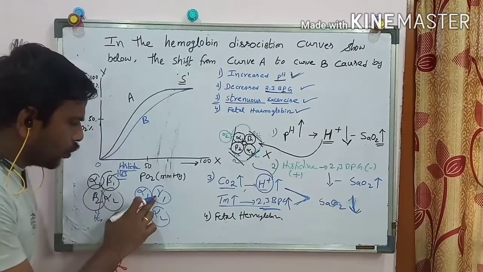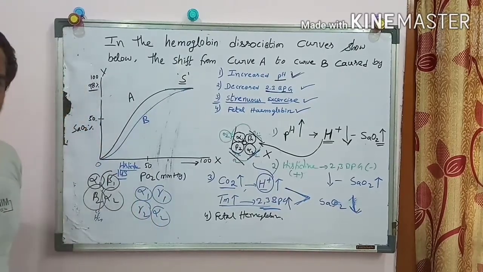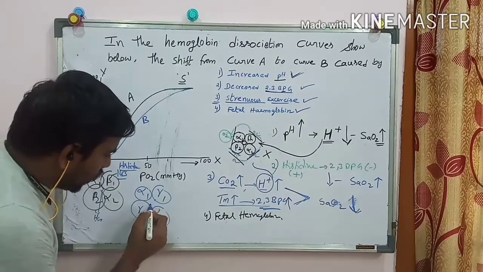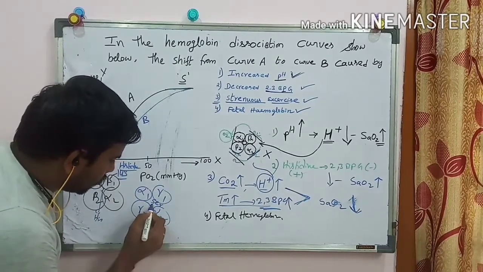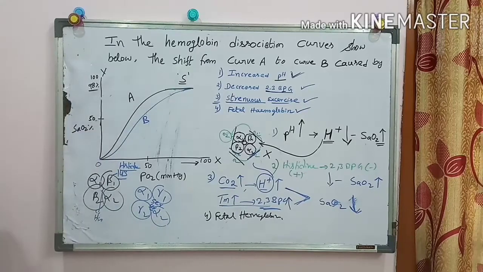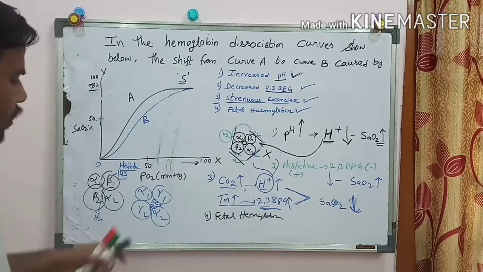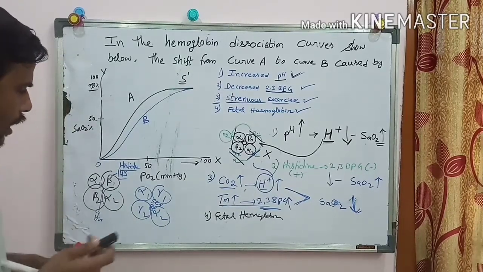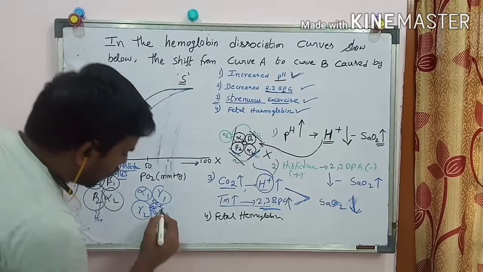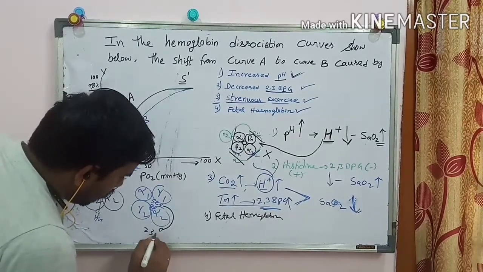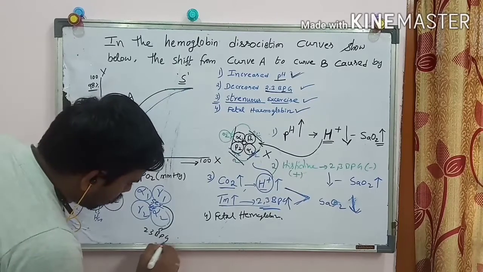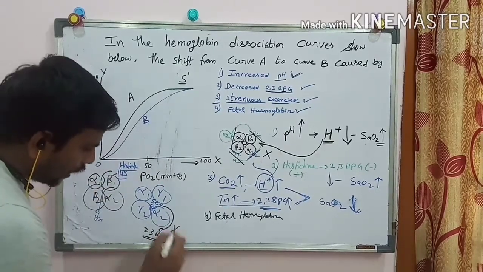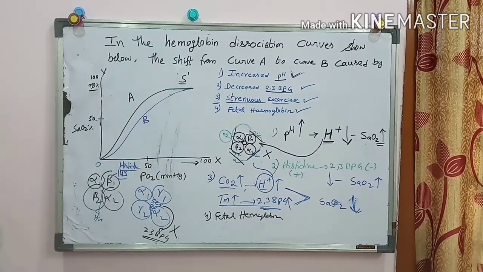But in these gamma subunits, we cannot find the histidine. Instead of that, we see serine. Actually, this serine amino acid cannot interact with 2,3-bisphosphoglycerate.